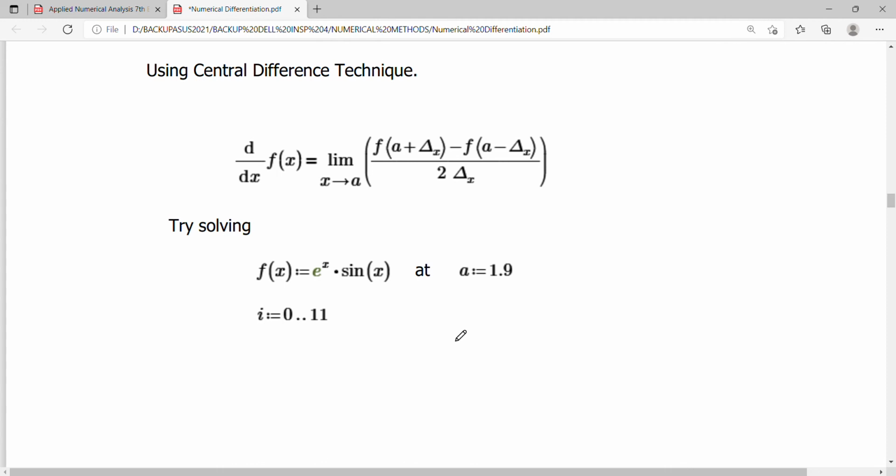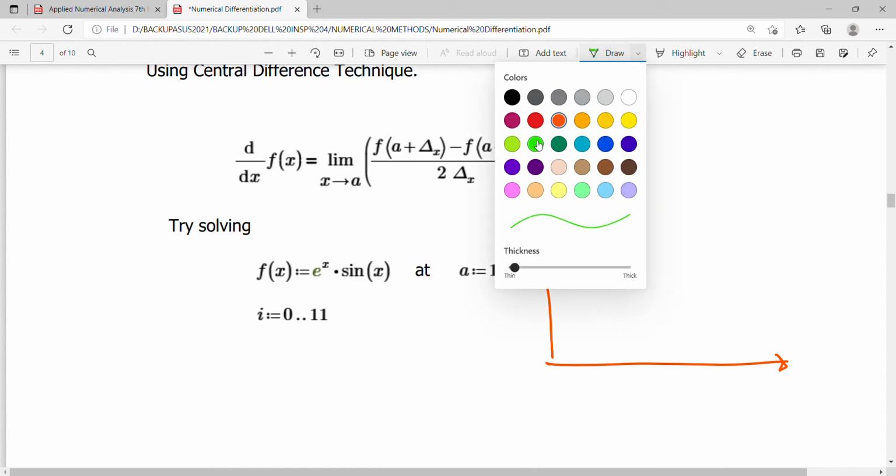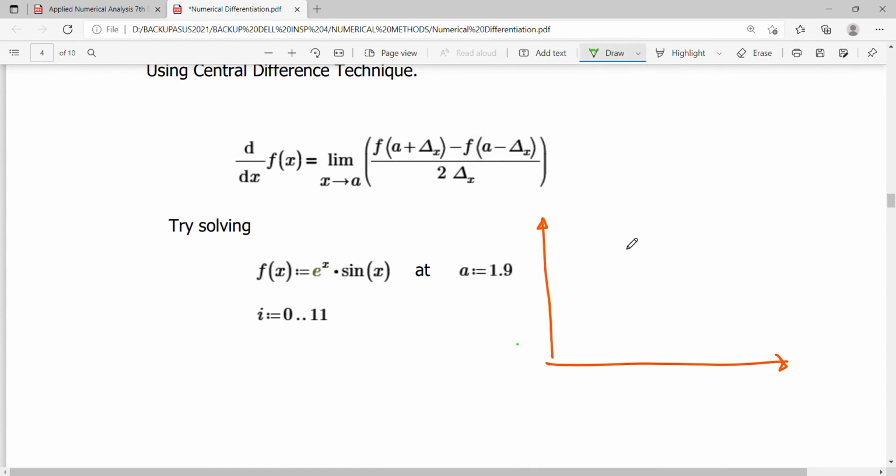And the third technique using this approach is called the central difference technique, which is simply putting the interpolating function in between.